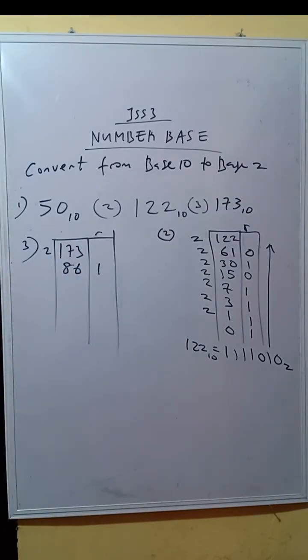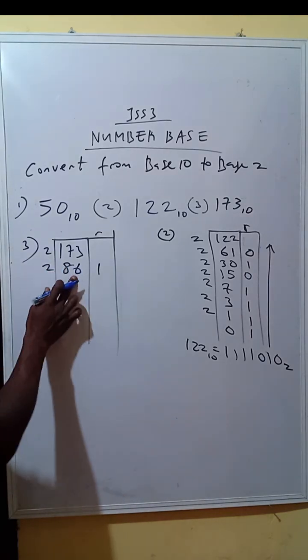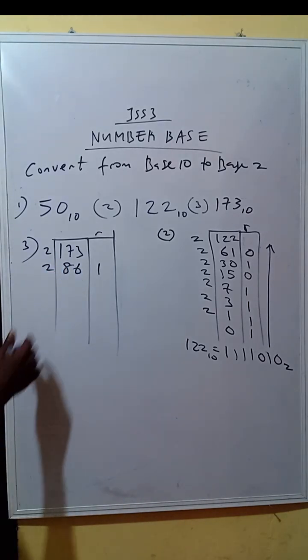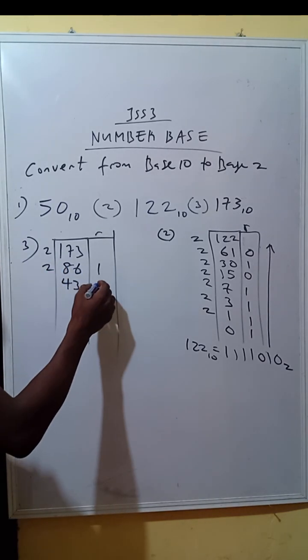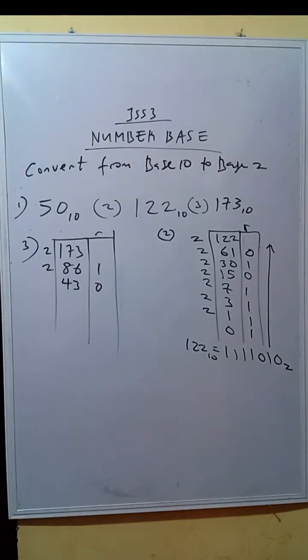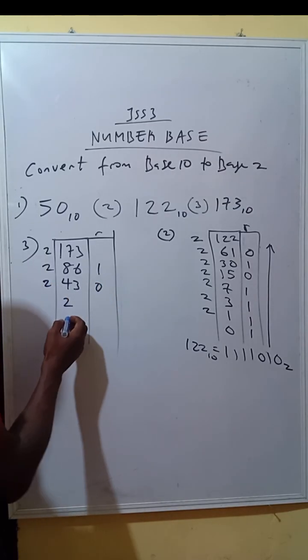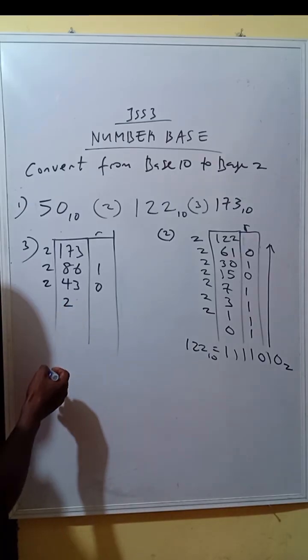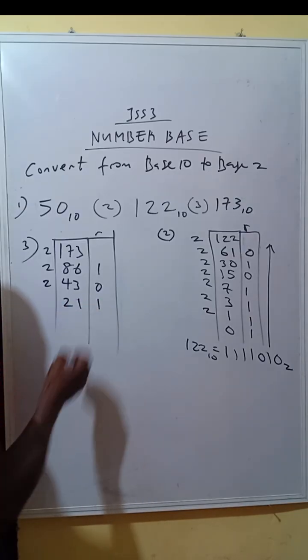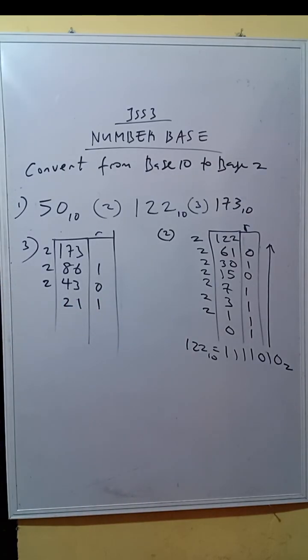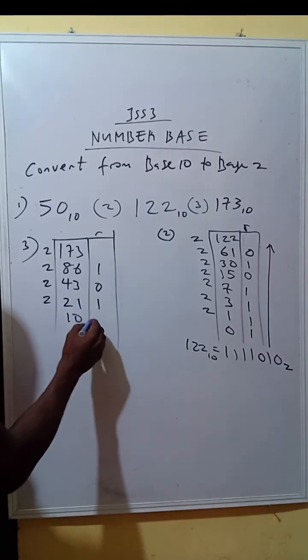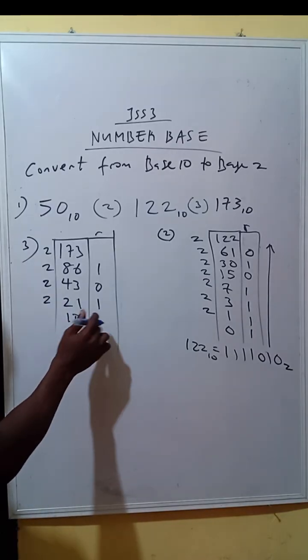Yeah, 86 remainder 1. It's now even. 86 divided by 2, 43 remainder 0. 43 divided by 2, 21 remainder 1. 21 divided by 2, 10 remainder 1.